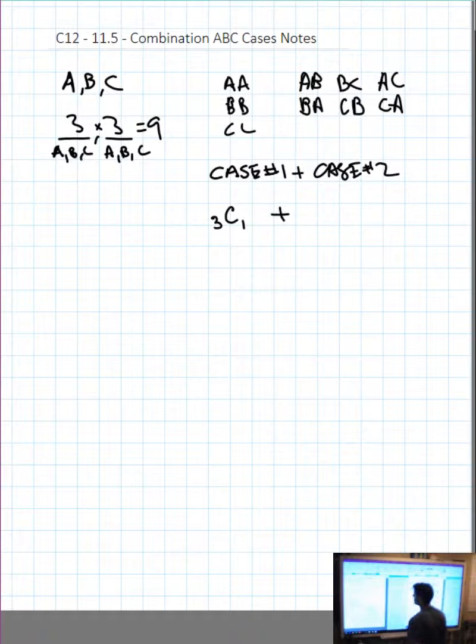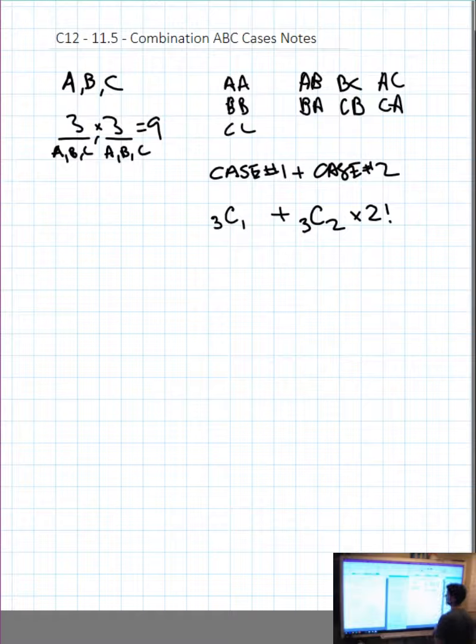In the other case, we have 3 things to choose from, and we're choosing 2 of them. But that only counts A, B, A, C, C, B, etc. 3 of the examples. And we have to times that by 2, because A, B can be B, A.